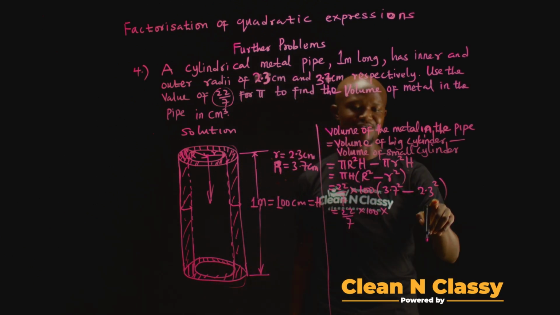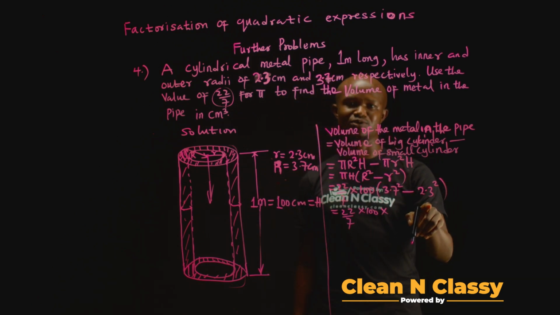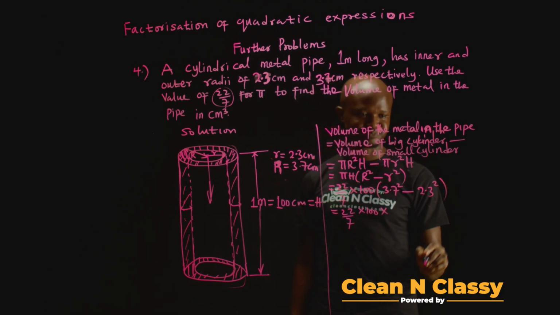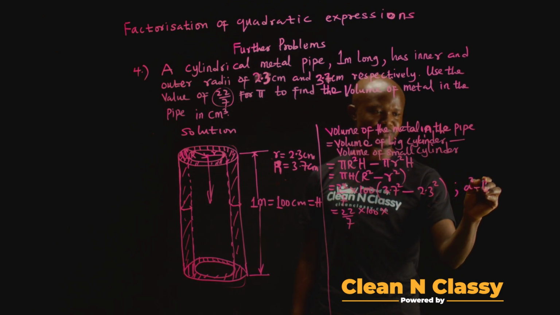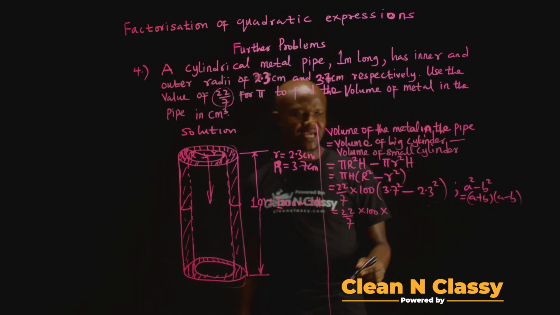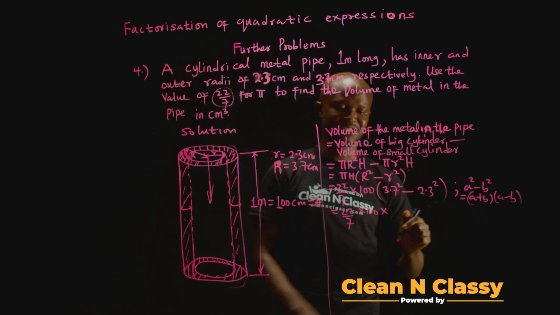Now, looking at what we have here, this is a difference of squares of two values. We are going to apply the formula. You should recall that a squared minus b squared is the same thing as a plus b into a minus b. A here is 3.7, while b is 2.3.